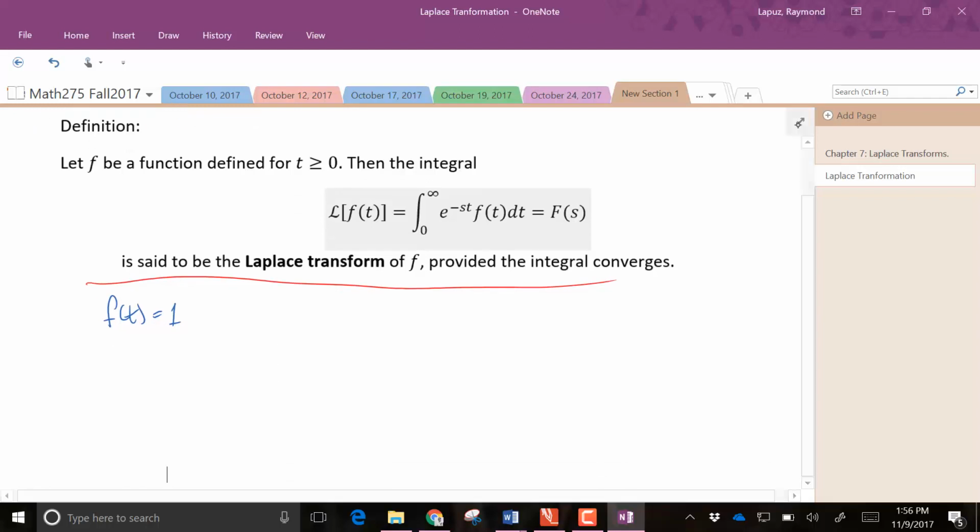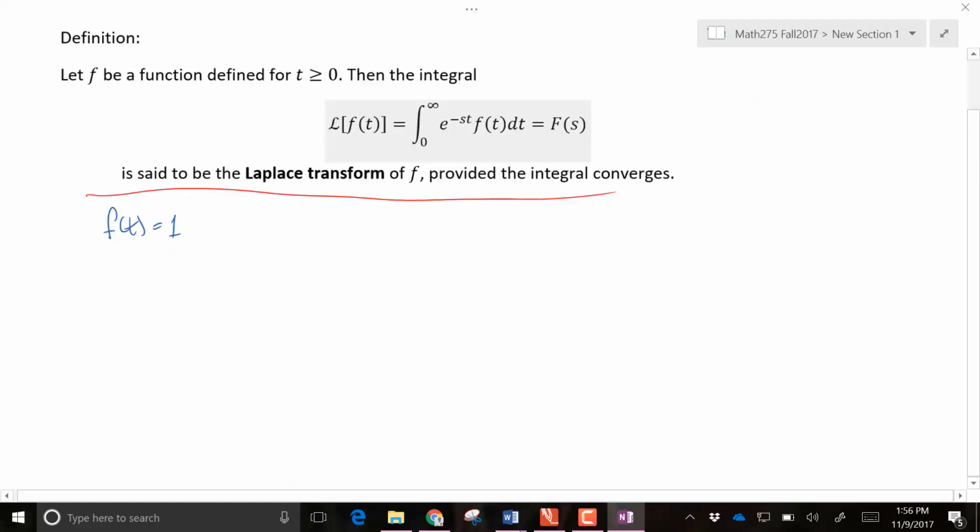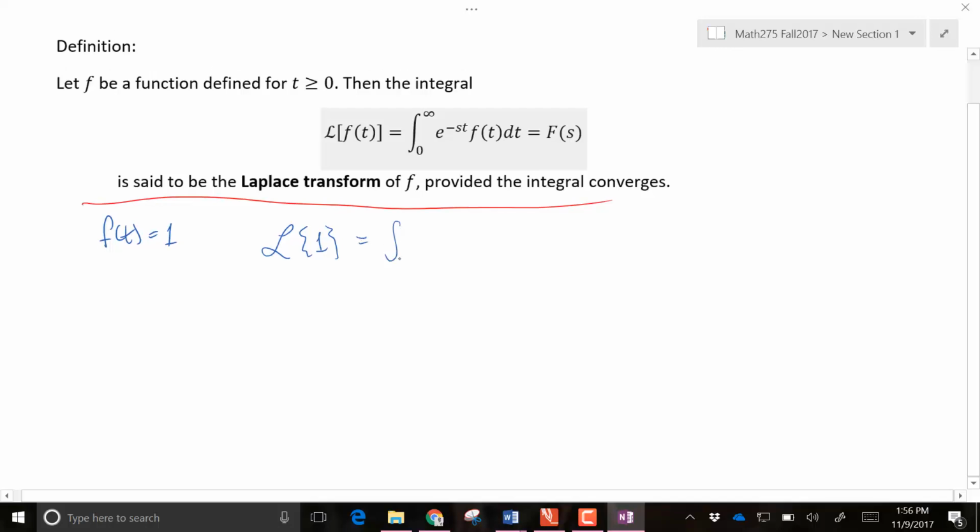Let's put it into this Laplace transformation. We would denote it as L of 1, where 1 is the function we're putting in. This is an integral from 0 to infinity of e to the minus st times 1 dt.